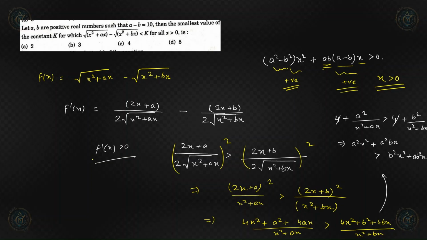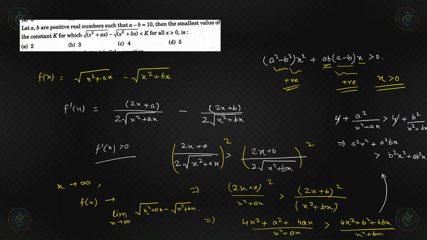Okay. So the final value at x tending to infinity will be our maximum value to which the function is tending. So if we check for x tending to infinity, we have to calculate the limit as x tends to infinity of under root x square plus ax minus under root x square plus bx. This we can find by substituting t equal to 1 by x.